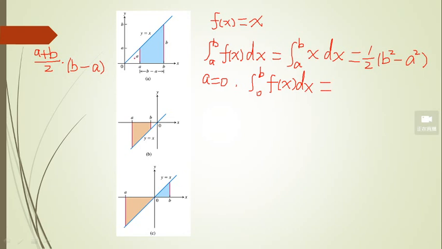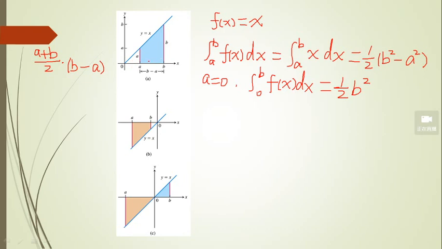Which means this part is also shaded. Starting from the origin, the whole triangle will be shaded, right? What is the area when a equals 0? 1/2 b squared, right?